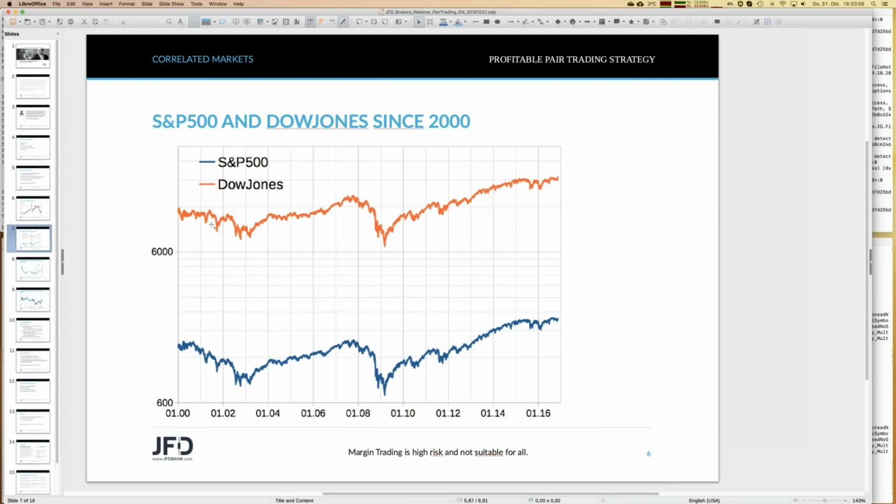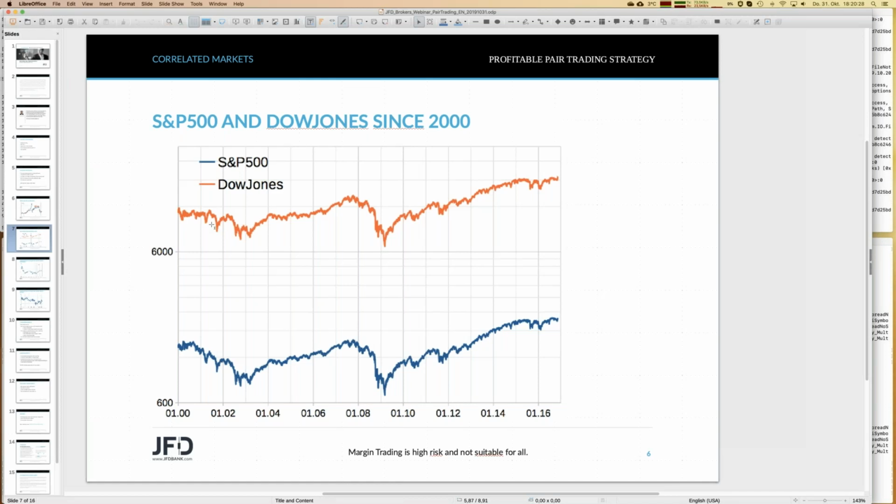Okay, and now why do we have that kind of correlation? Both are US markets. In principle, we could think that the selection of the 30 might behave differently than the selection of the 500.